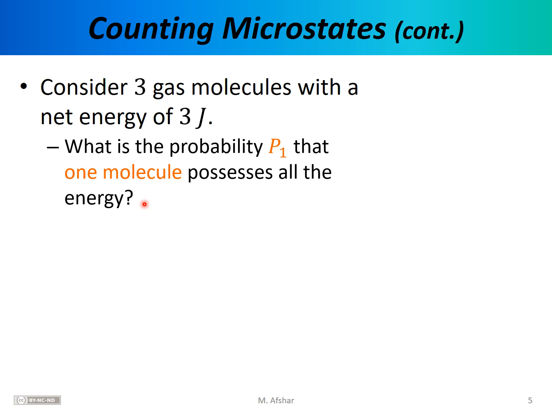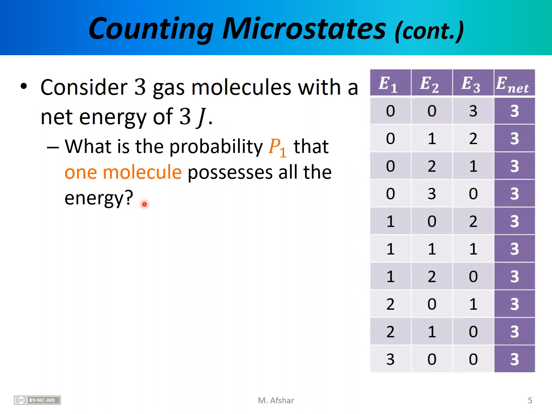To answer a question like this, we can once again start with a very systematic enumeration of all of the microscopic possibilities. So we can specify the energy of particle 1, energy of particle 2, and energy of particle 3. No matter how the 3 joules of energy is divided, the net energy should always add up to 3 joules.